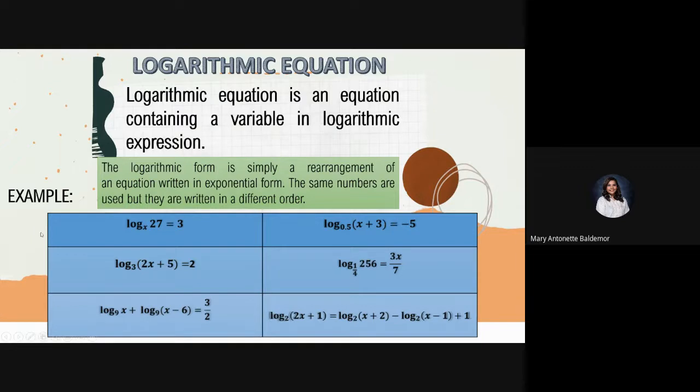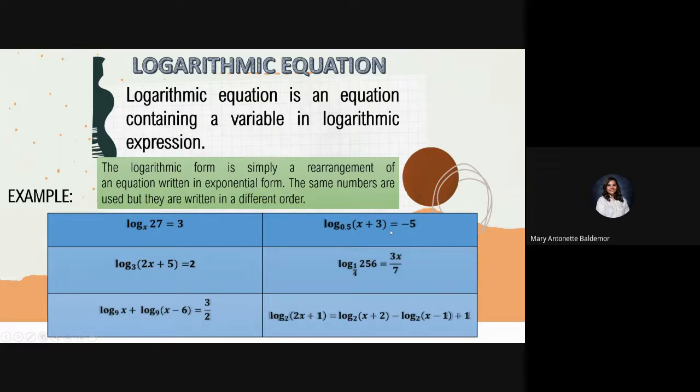So here are some examples of logarithmic equation. We have the logarithm of 27 with base x is equal to 3. The logarithm of 2x plus 5 with base 3 is equal to 2. The logarithm of x with base 9 plus logarithm of x minus 6 with base 9 is equal to 3 over 2.